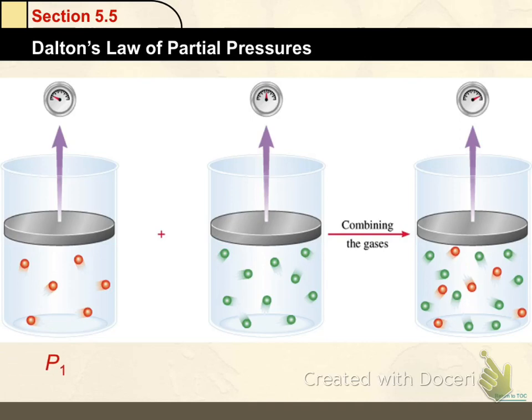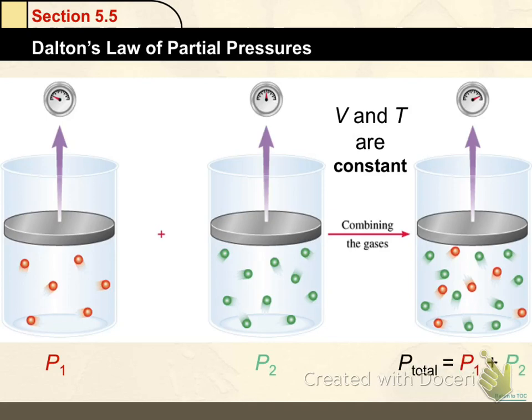So here we've got pressure 1, that's your red gas, and here we've got pressure 2. Dalton's law of partial pressure says that if volume and temperature are constant, we want to hold those two constant, by the way, and we show that in this image by showing that silver disc at the same height, then the pressure is going to be an addition of those two.